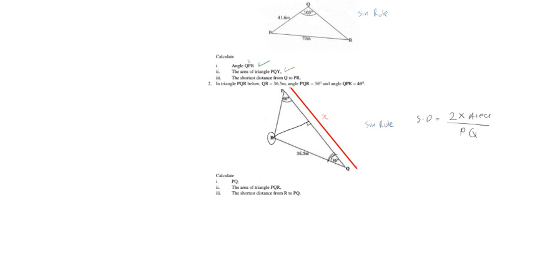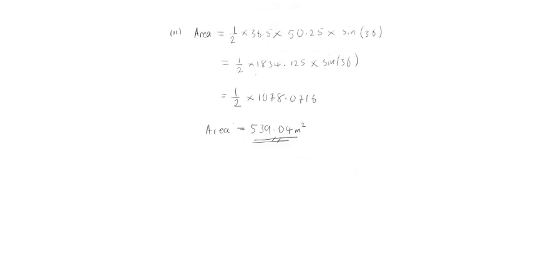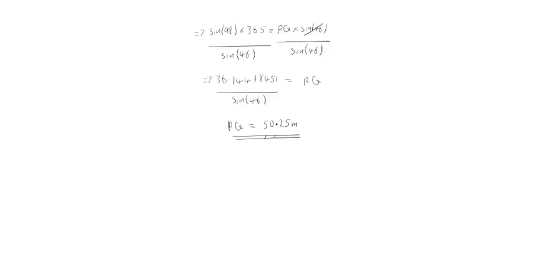So shortest distance will be 2 multiplied by area divided by PQ. Is it PQ? Yeah, PQ. Our area we have found to be 539.04. We divide it by this side PQ, the side that we found in the previous one, 50.25.